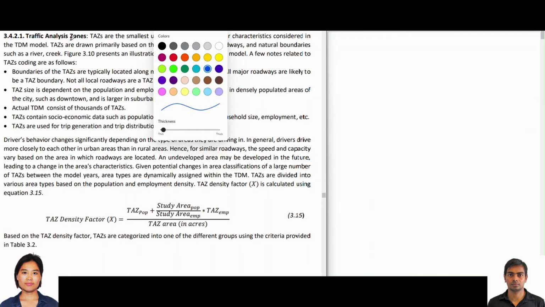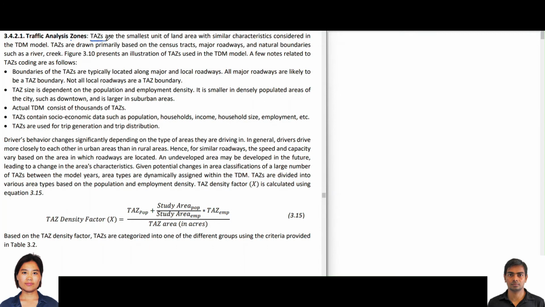For traffic analysis zone files, TAZs are the smallest unit of land area with similar characteristics considered in the TDM model. TAZs are drawn primarily based on census tracts.